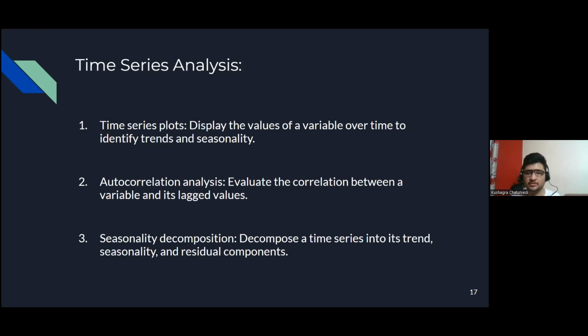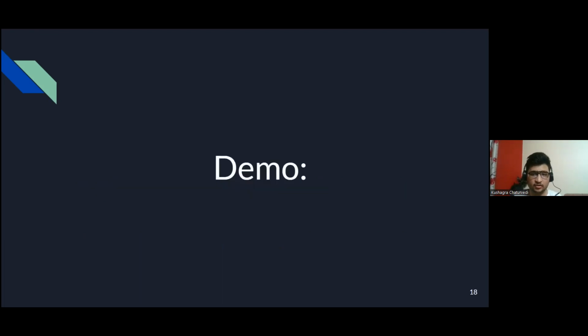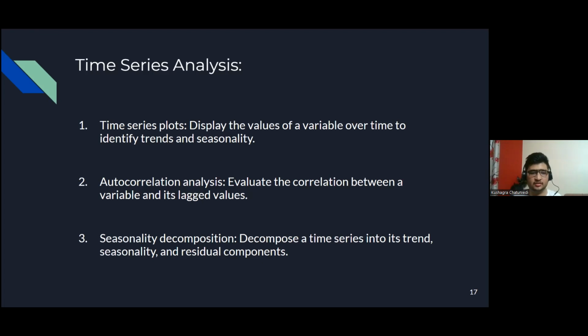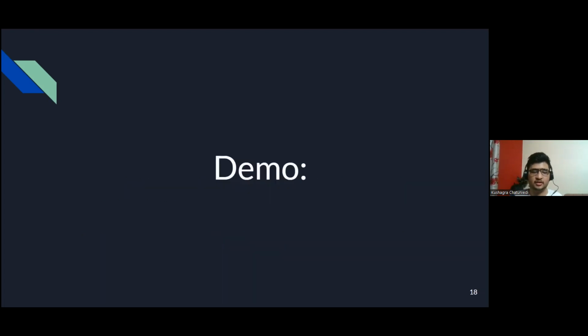But we can perform time series analysis, like display the variables over time so that we can get a particular pattern, or we can use autocorrelation, so that we can find a particular regression algorithm to predict whether the output can be dependent on a particular time or particular part. Then we can also find seasonality, and we can find the trends available in the time series part. Then here comes the demo.